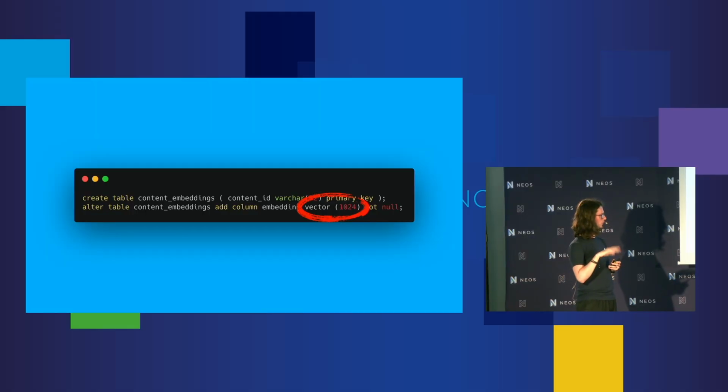When you're using Ollama with Qwen or something, you can freely choose how large your embeddings should be, but every time you change that, or even when you change the embedding service you're using, you have to remove all your embeddings, maybe even delete the embedding column, create it new, and based on that you have to create a new index.